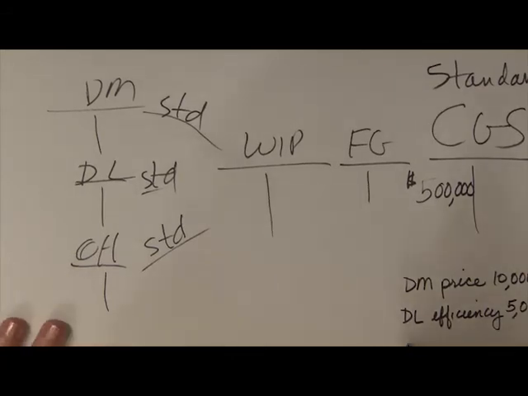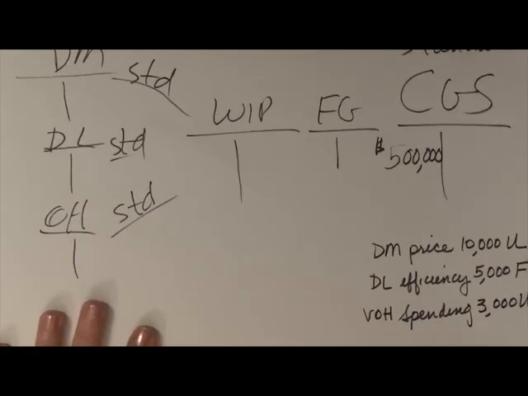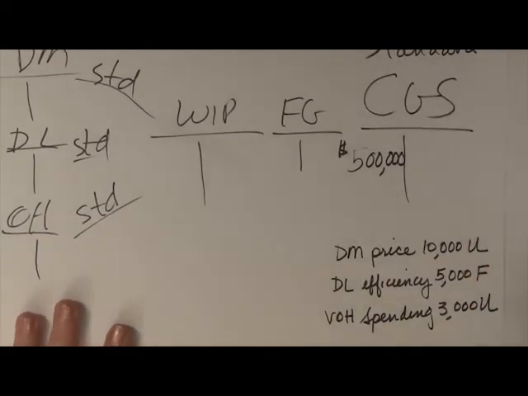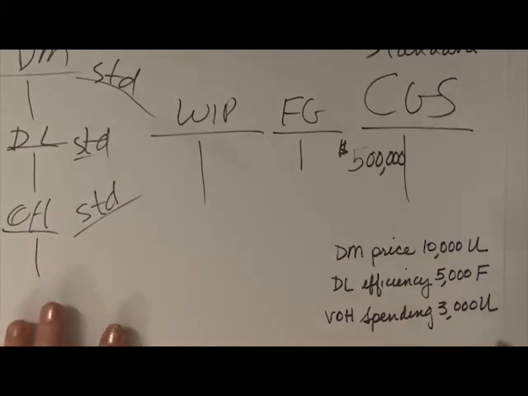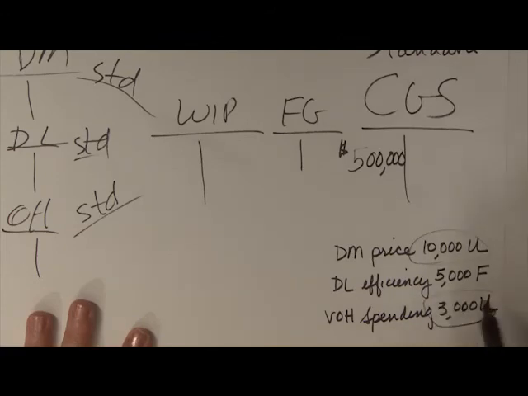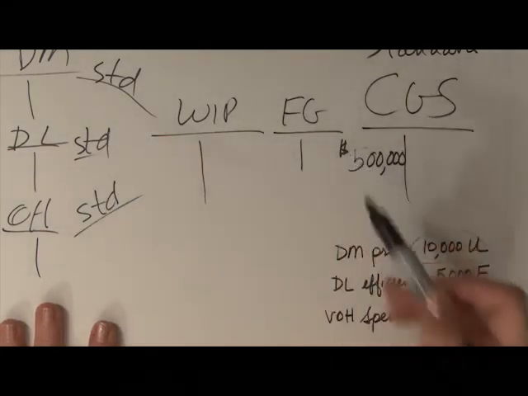And maybe we have a variable overhead spending variance, and it's $3,000 unfavorable. And we could go on through all the variances, but this will be enough for you to see how we go from a standard cost of goods sold to an actual. Where we see the unfavorable, this means not enough dollars were sent through. The costs were greater than this.